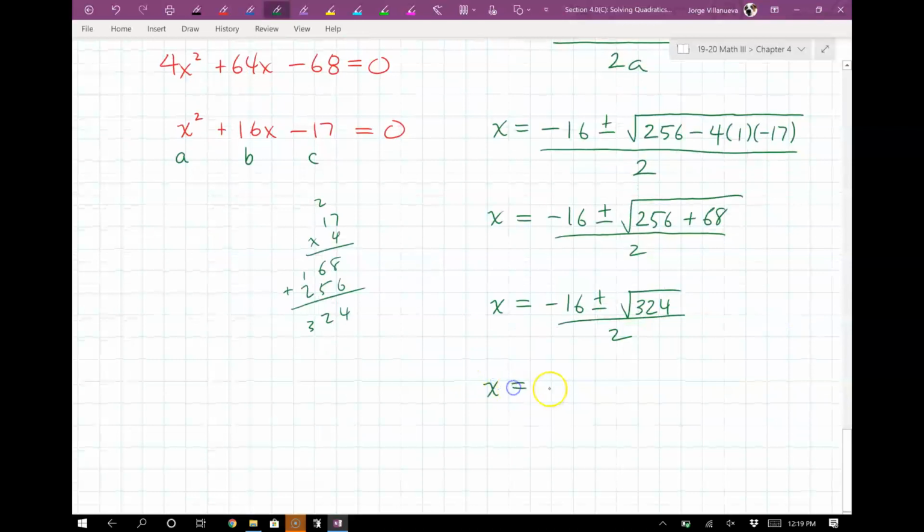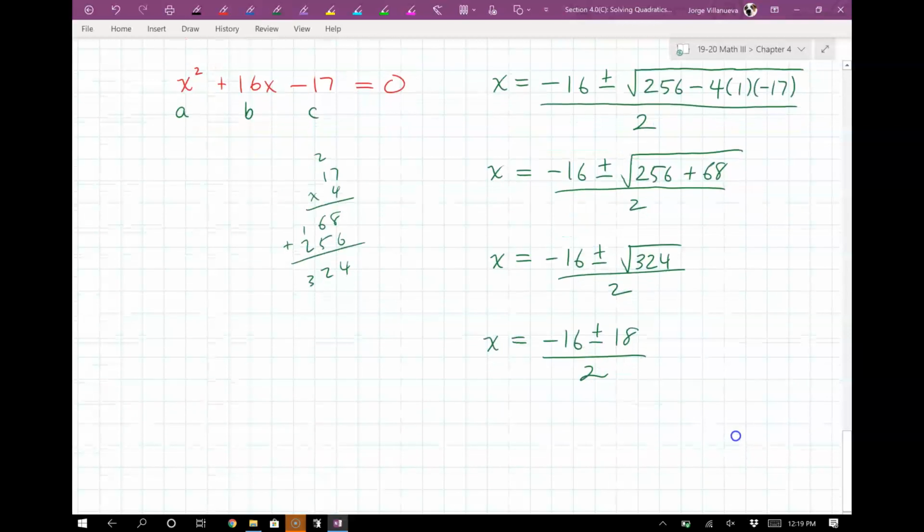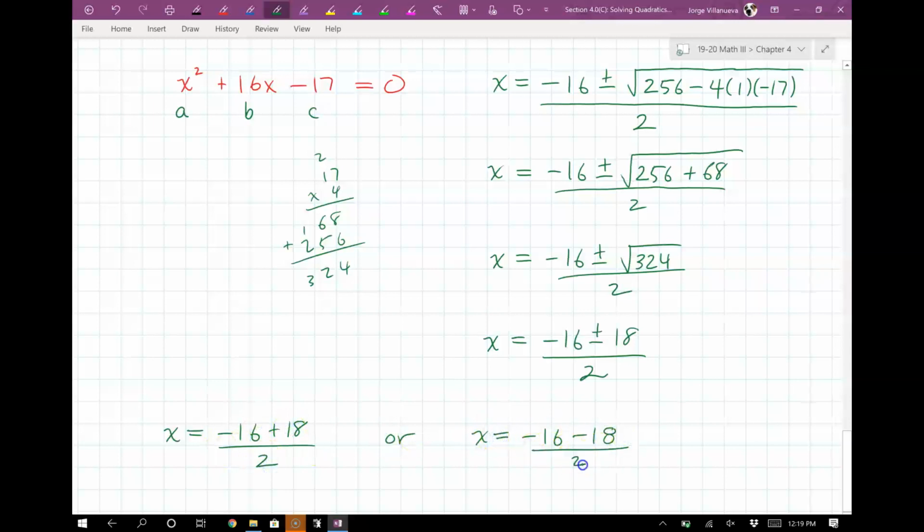So x is equal to negative 16 plus or minus 18 over 2. We have 2 solutions, okay? But you got to figure out which one works. So x is equal to negative 16 plus 18 over 2, or x is equal to negative 16 minus 18 over 2.